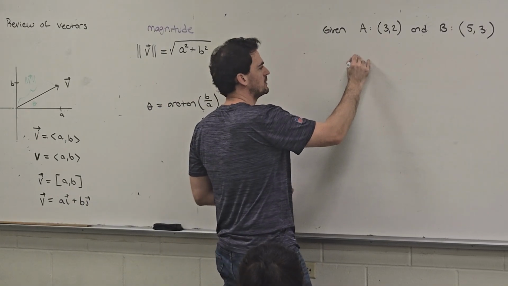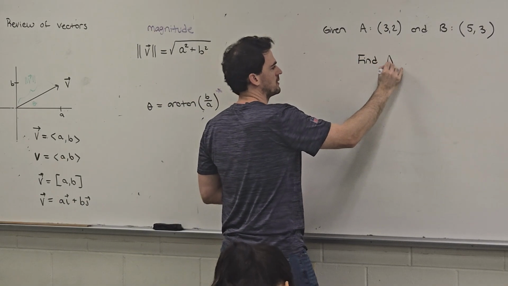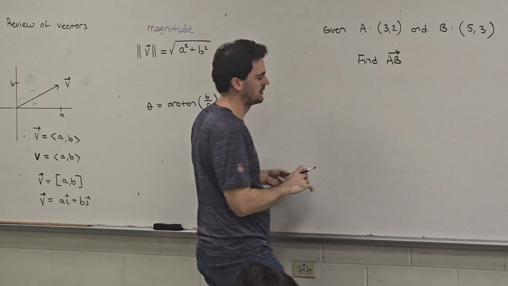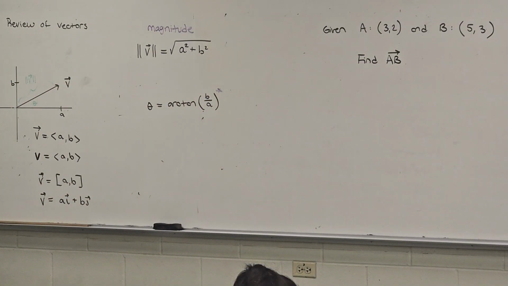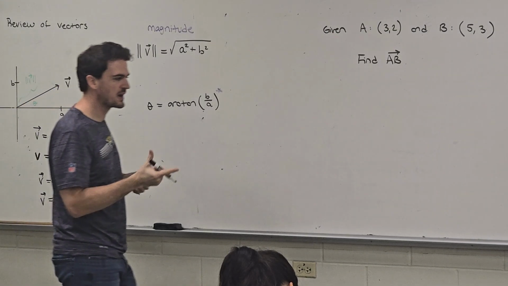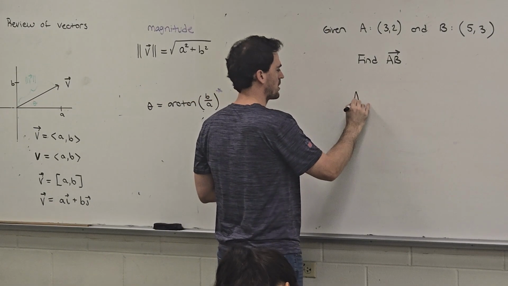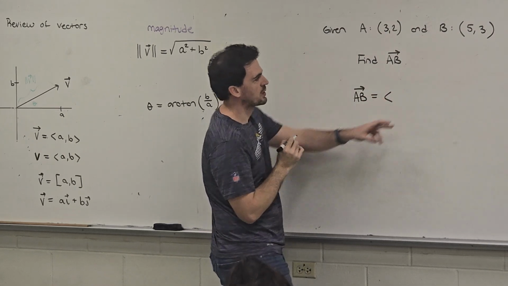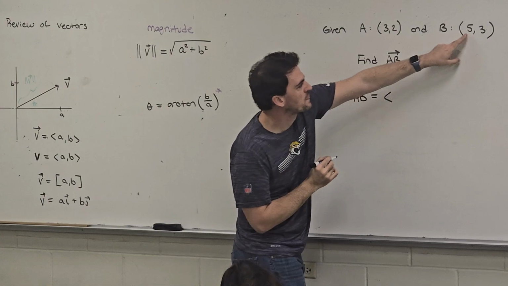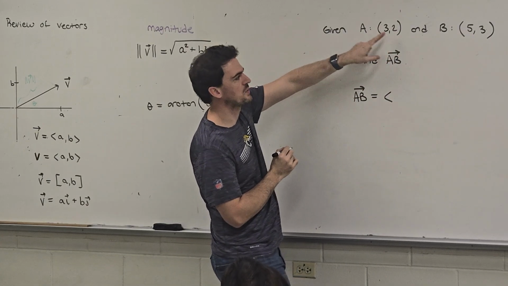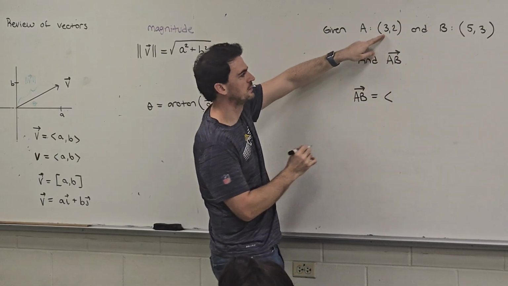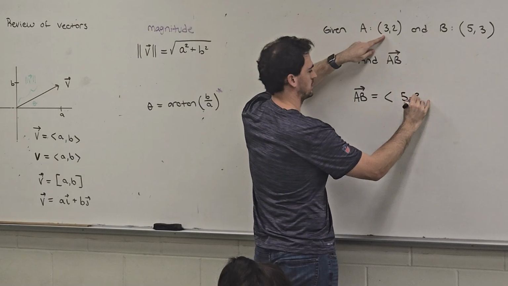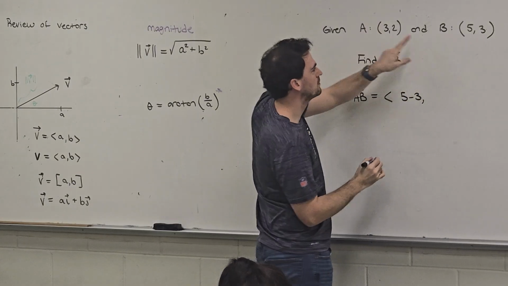Final minus initial. So if I want to find vector AB, starting at A, ending at B, just remember final minus initial. So I'm going to do the x component minus the x component. Final minus initial. Final minus initial.